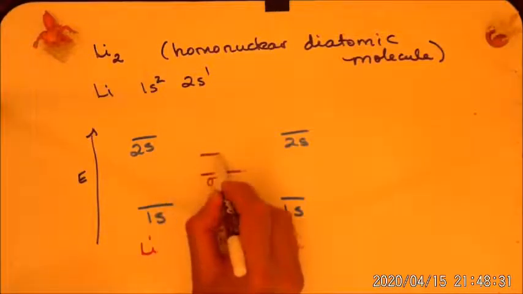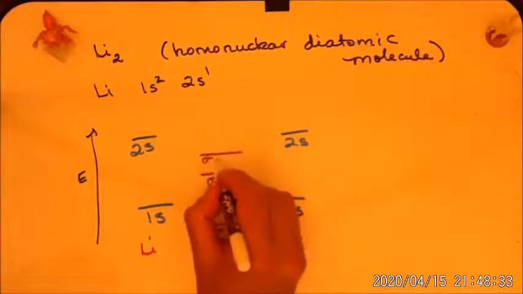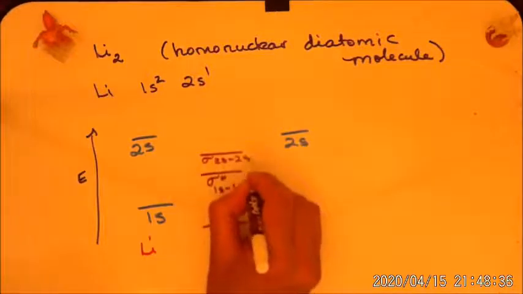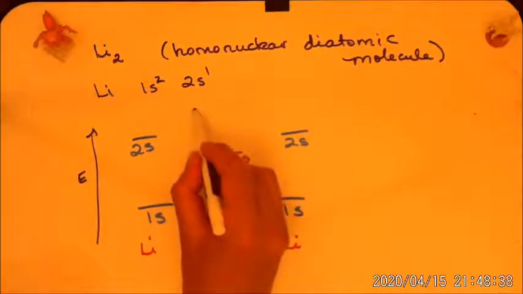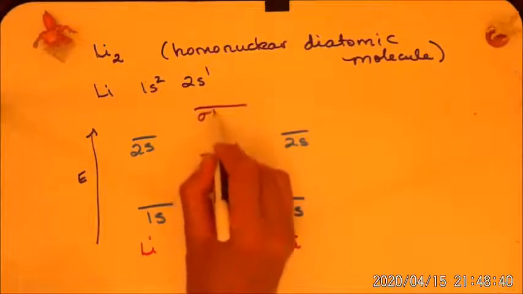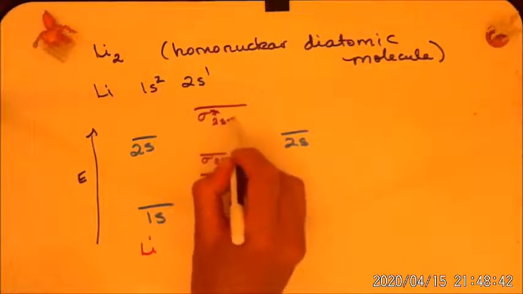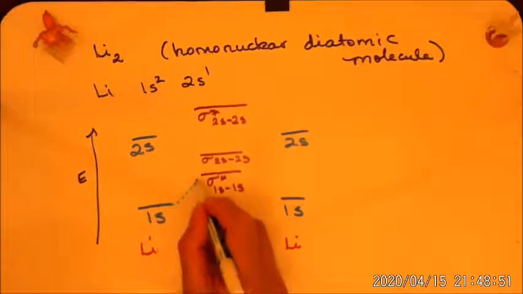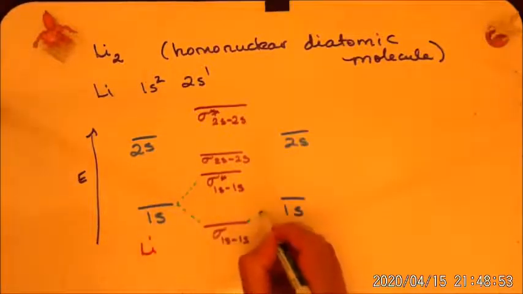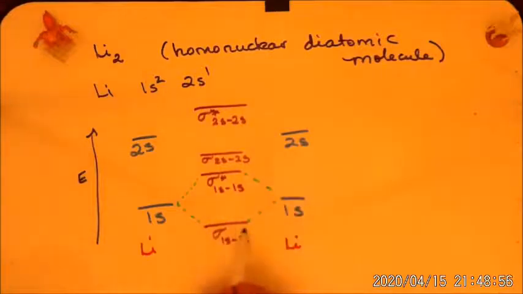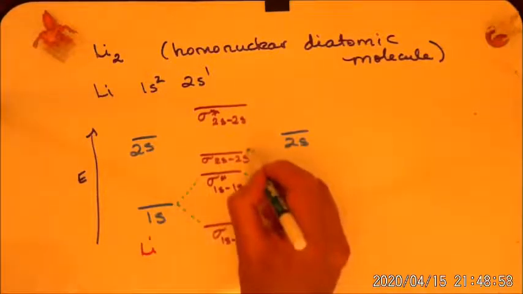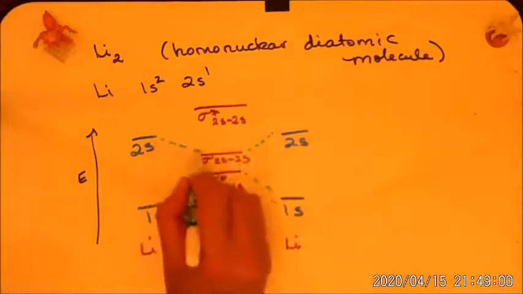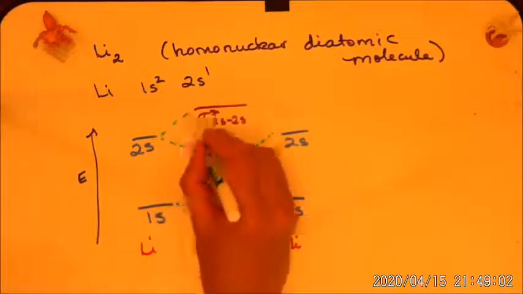You're going to form sigma 2s, 2s, and you're going to get sigma star 2s, 2s. Okay, and I'll just draw my dashed lines so you can see how symmetrical it is. So how much it drops is the same amount as it goes above my non-bonding. These are my non-bonding energies.